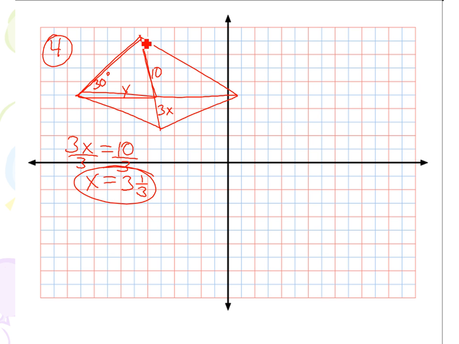Let's see. I forgot something in here. They told us that was a right angle there. If I split off this triangle, before you say anything, don't say right triangle. What kind of triangle is that triangle? 30, 60, 90. In a 30, 60, 90 triangle, the side across from the 30-degree angle should be labeled what?